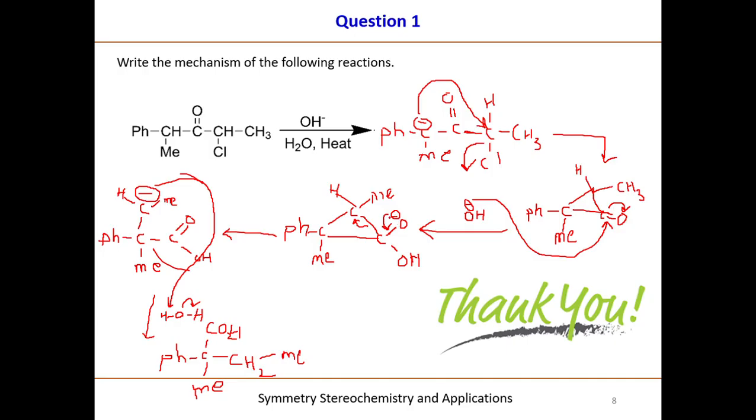This negative charge will push over here to break this carbon-carbon bond, and it will give a carbanion intermediate. The carbanion will generate over this carbon atom. Then in the last step, the abstraction of a proton will take place from water. This carbanion will abstract the proton from water to give the corresponding acid as a product.